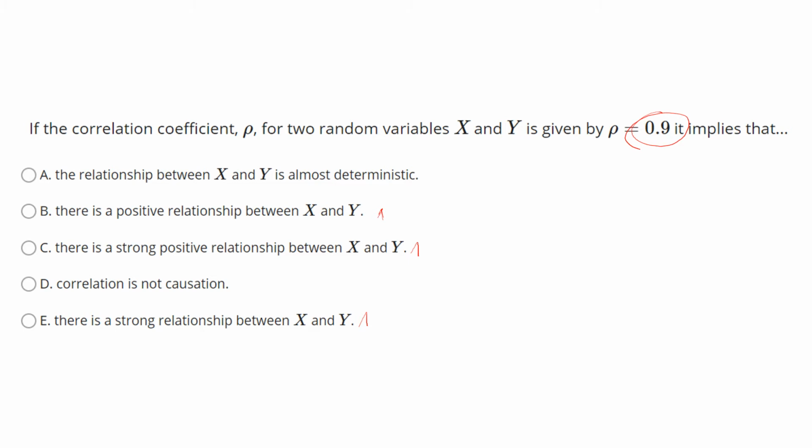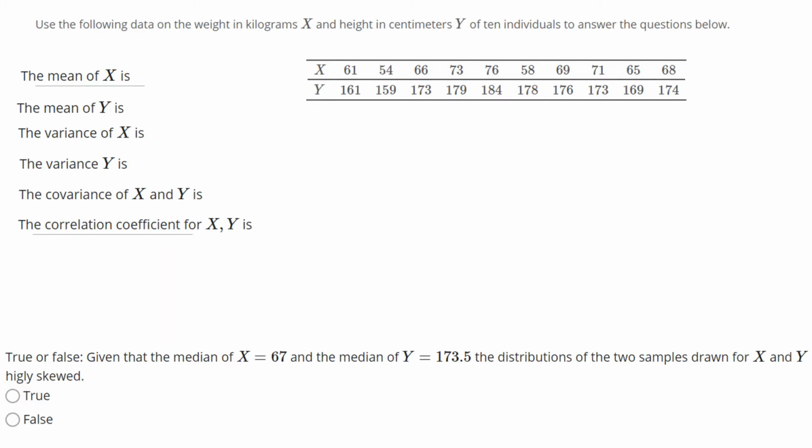Next question. Okay, this next question provides us with some data on weight in kilograms and height in centimeters of 10 individuals, and then asks us to do some calculations based on those data.